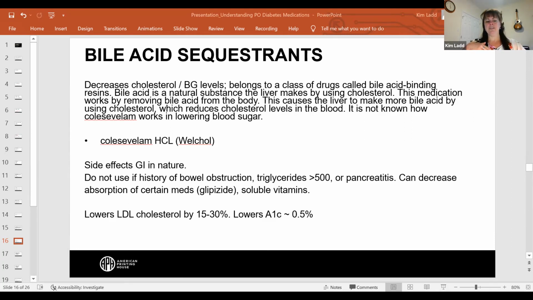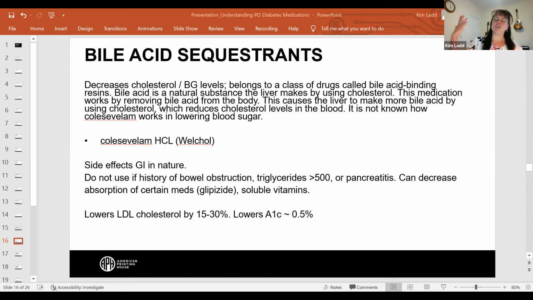So sometimes what you have to do is take the Welchol and then wait a couple hours before you take other medications. And it helps if you take this medicine with your meal to help cut down on the GI symptoms. It tends to lower your LDL, which is the bad cholesterol, by 15 to 30%, and it tends to lower your hemoglobin A1C level by about 0.5%.